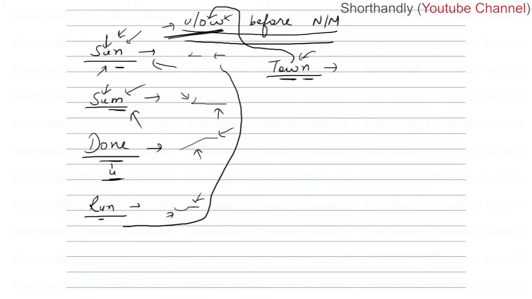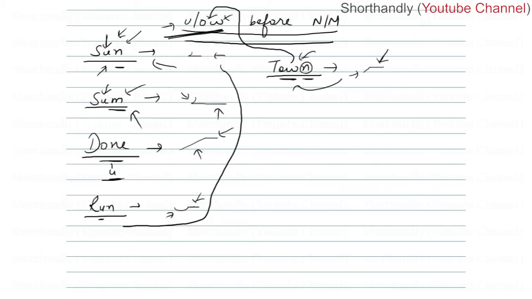So we have to omit this ow also in this word. We will be making this town word simply like this. This is our T, and this is our short stroke which is N. If you notice, we omitted ow here because we have this ow before this N.